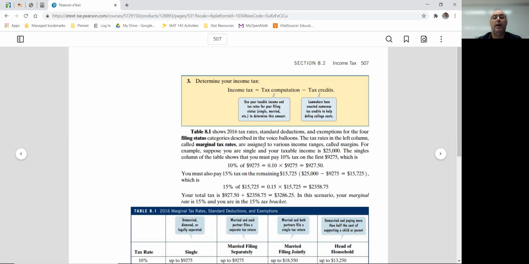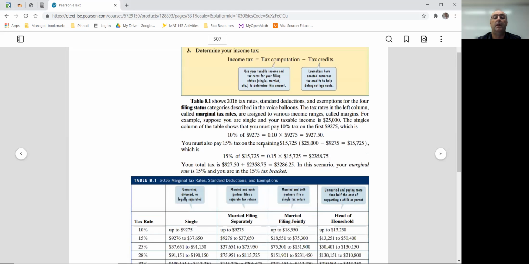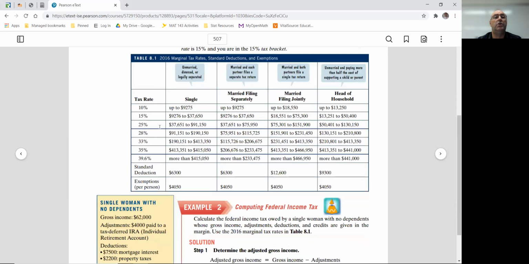First is the chart which is provided to you in the textbook. In order to use this chart, it only gives you the ranges for each tax bracket, and so you have to calculate an amount of tax for each individual tax bracket up to the one that the taxpayer is in.